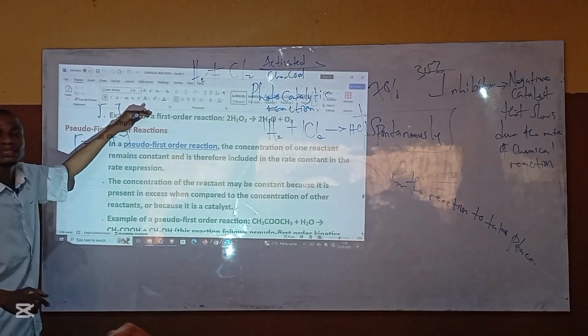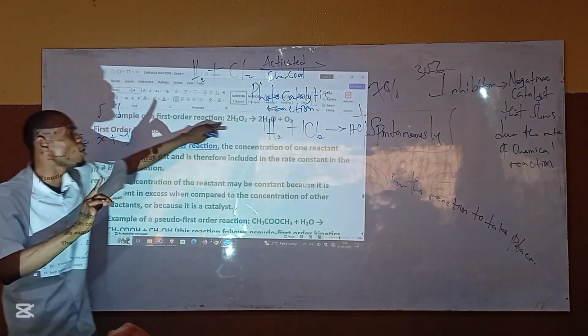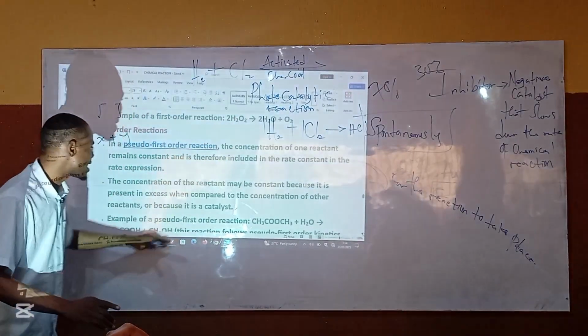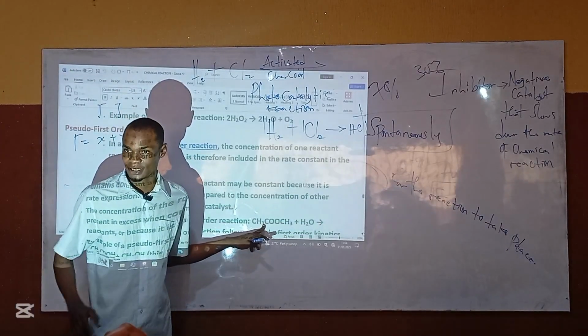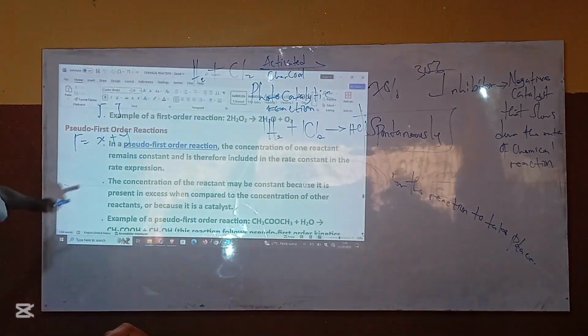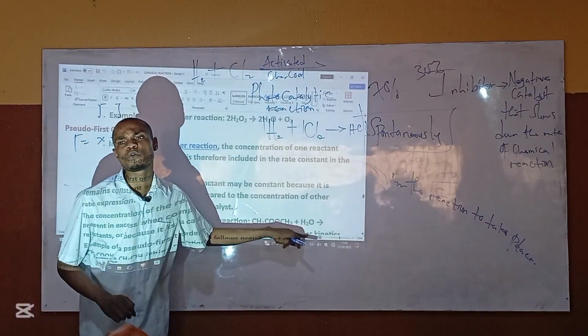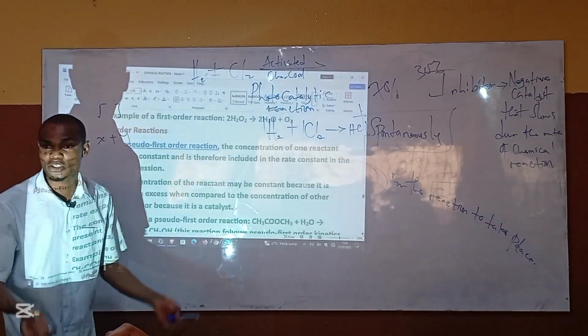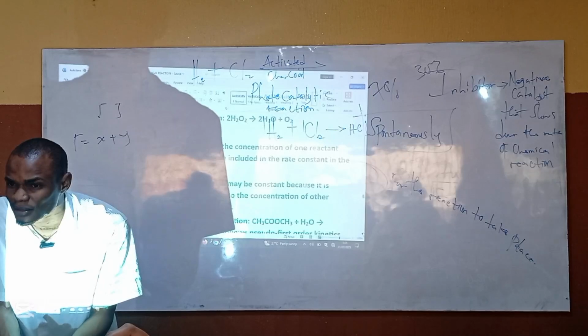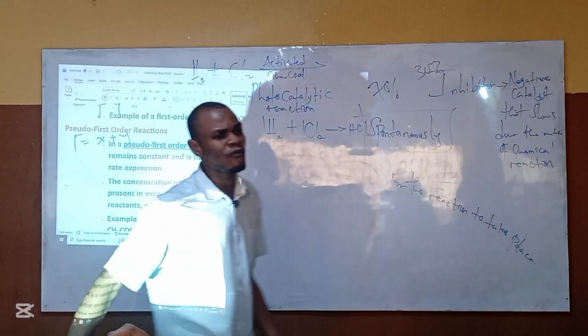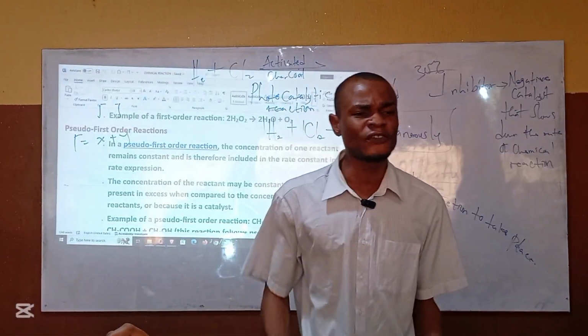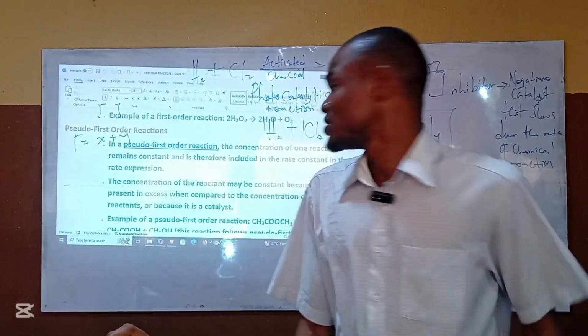This one is just an ordinary first order reaction, we have only one reactant. But here you can have more than one reactant, where the concentration of a reactant may be constant. Now the concentration of water is constant. So in a reaction that has water, the concentration of water does not have effect on the rate of chemical reaction.